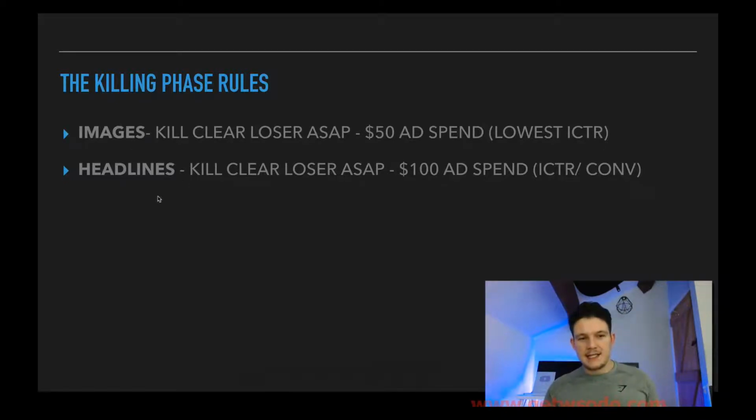With headlines, you might have a headline which has got a lower click-through rate, but that might lead to more conversions later down in the funnel because you're attracting the right audience. If you write a really clickbaity headline, that might have a sky-high ICTR. Your other headline might not have as high a click-through rate, and from that you would go, well, I'll go with the higher ICTR.